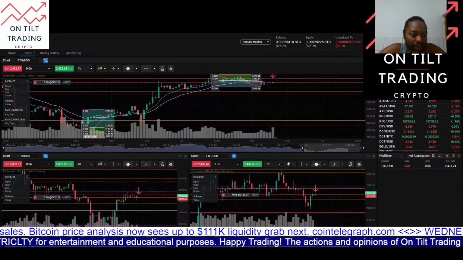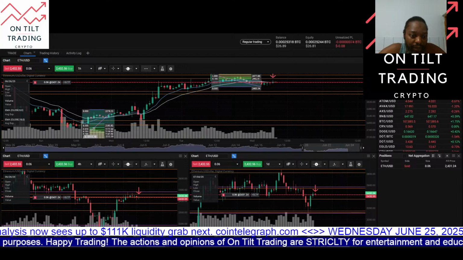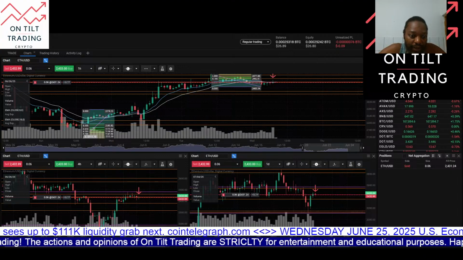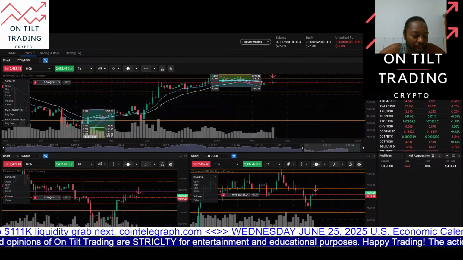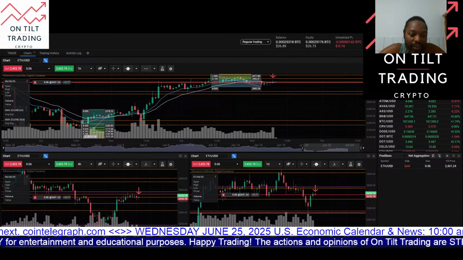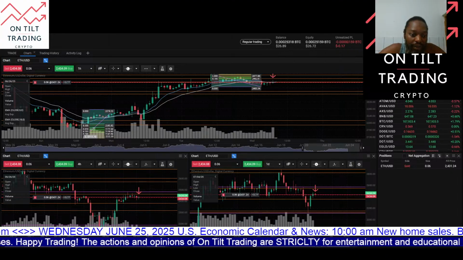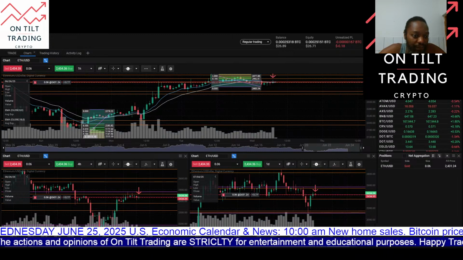Over here on the 4-hour chart, seeing an overall pattern here of a swing high in here. Bitcoin, my apologies, Ethereum currently trading in a large range here in the 4-hour and currently in an uptrend.